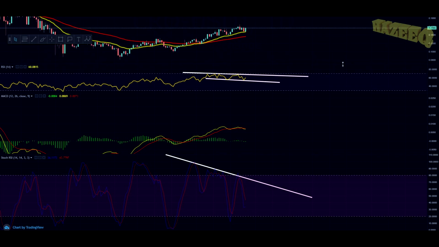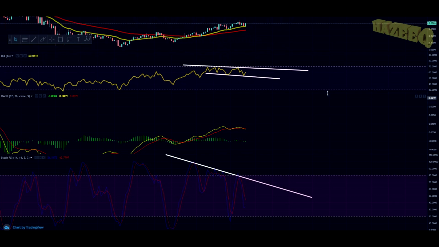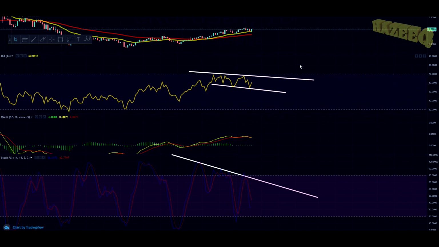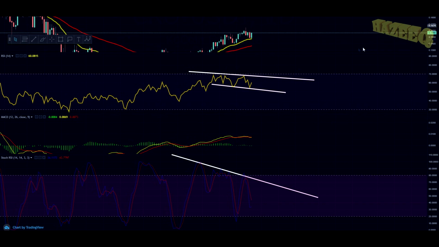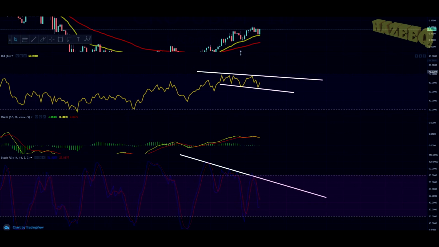And if I were to pull down RSI a bit, I apologize, just like that. I'm just gonna check if we have any divergences. Yeah, we do have a bearish divergence, as you can see over here.